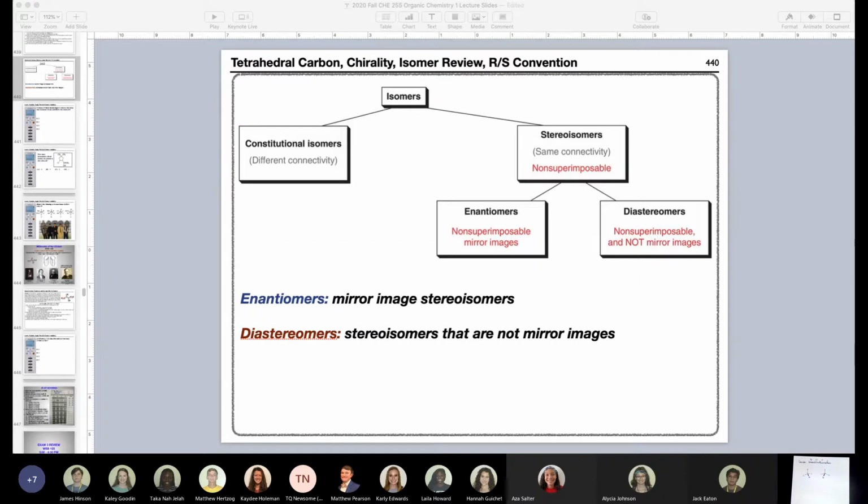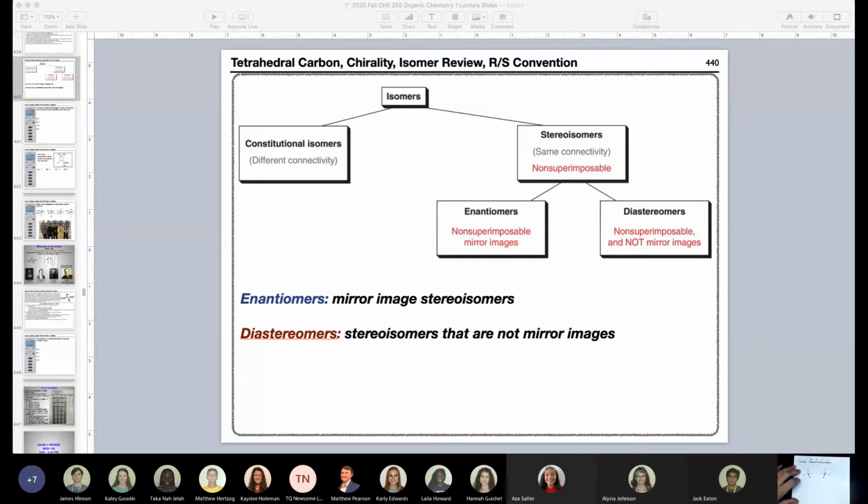So as we see in the chat, the relationship between them is they are mirror images. And so what that is, if we had a mirror plane here, they would be mirror images of one another.